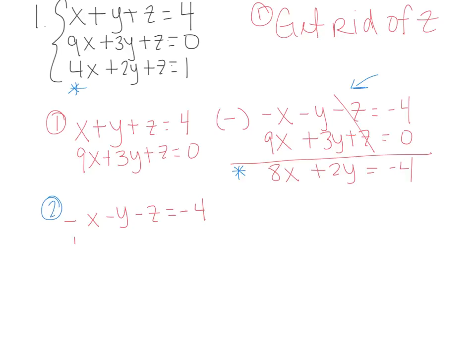And then I have 4x plus 2y plus z equals 1. I'm going to cancel out my z's, so that gives me 3x plus y equals -3. Check my math, so I'm going to put a star by those. That is step number 1.